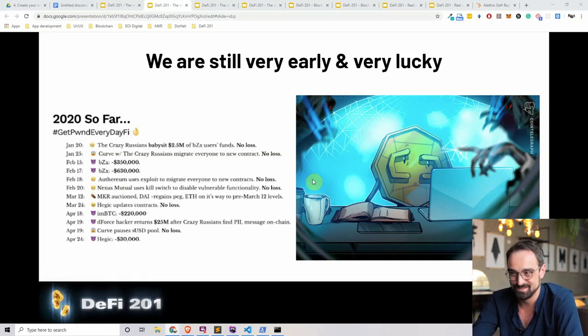So we are still very, very early on in this decentralized financial ecosystem. And we're also actually very lucky. So count your blessings and let's move forward, learn from this, and let's dive a little bit deeper into the situations that happened, and see what we can improve.